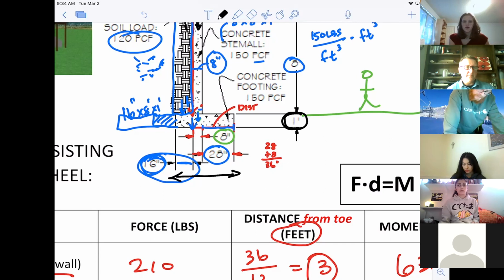So for the footing force, I got 650. True.